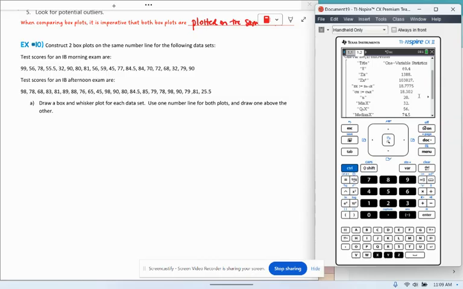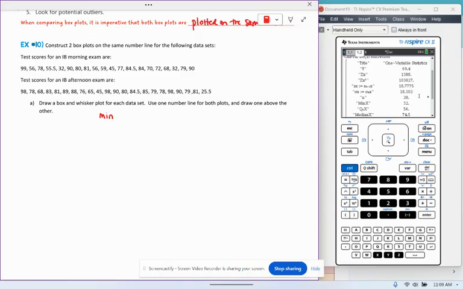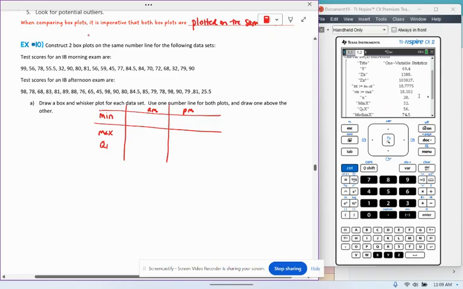So I've got min, max, Q1, Q3, and then the median.